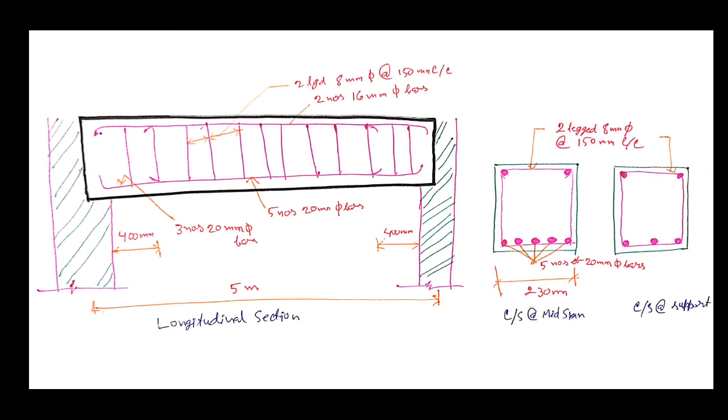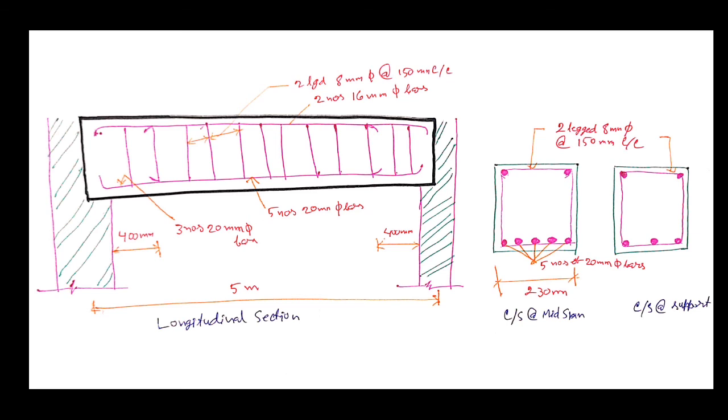At support, 3 numbers of 20 mm dia bars are written. At mid span, 5 numbers of 20 mm dia bars. Stirrups are 2-legged 8 mm dia at the rate of center to center. In compression zone, 2 numbers of 16 mm diameter bars are given.